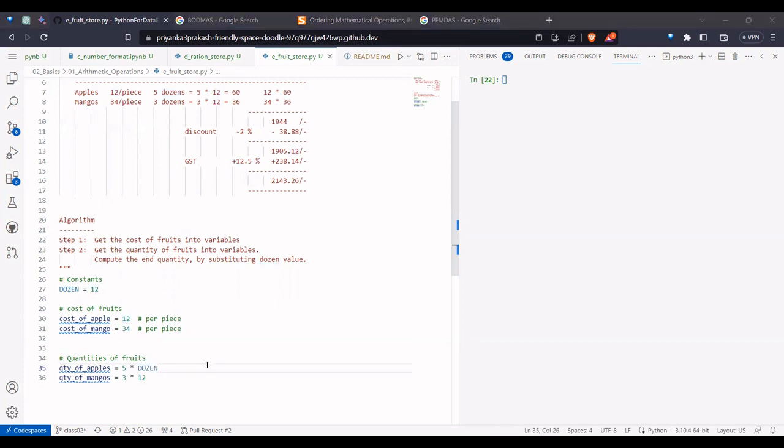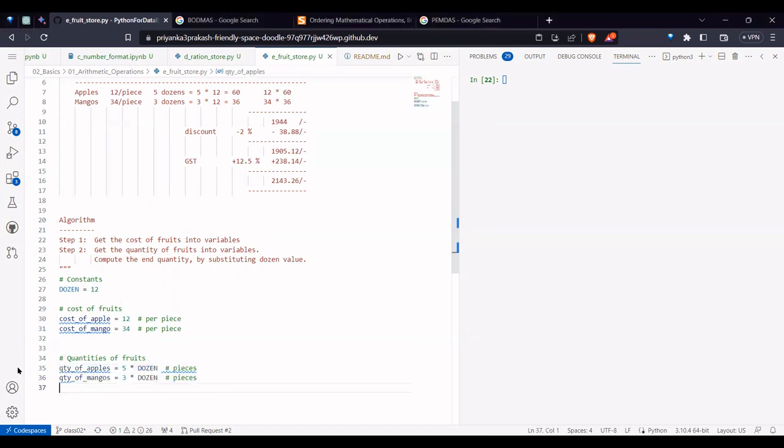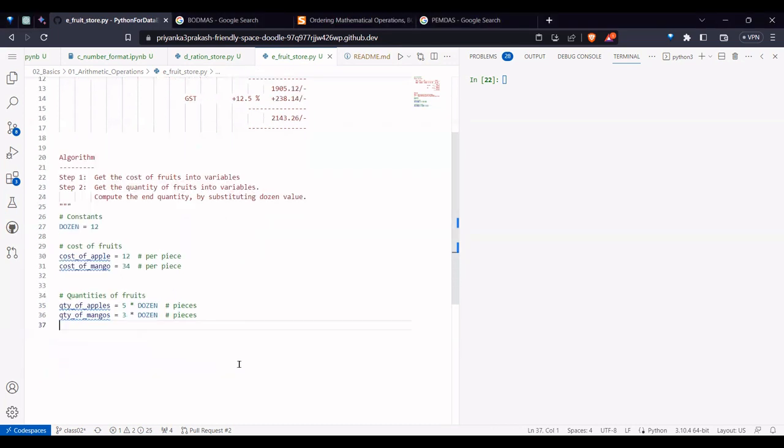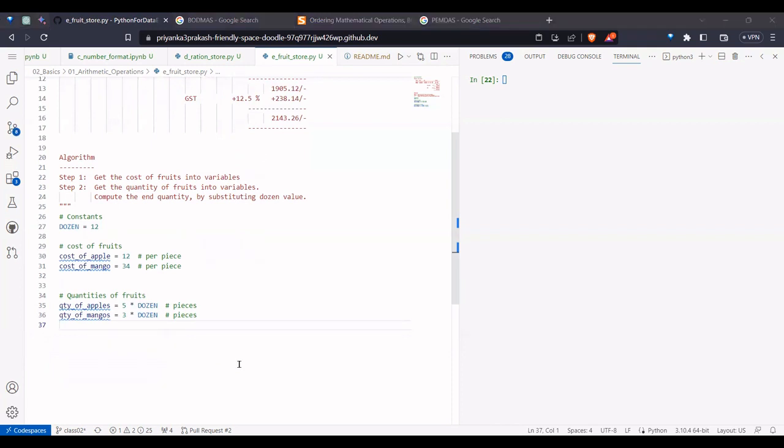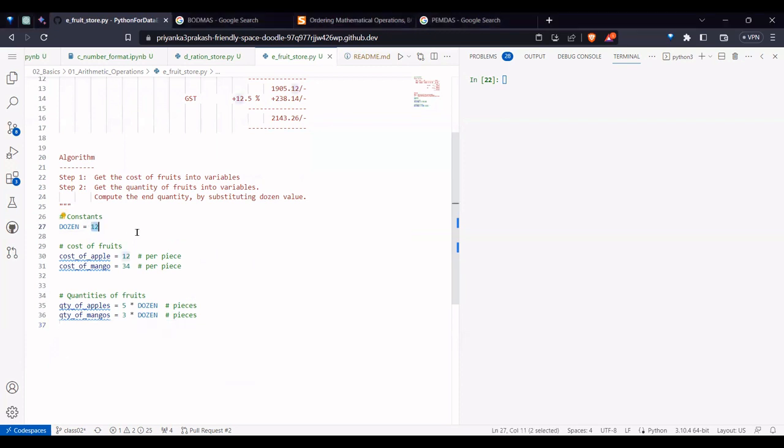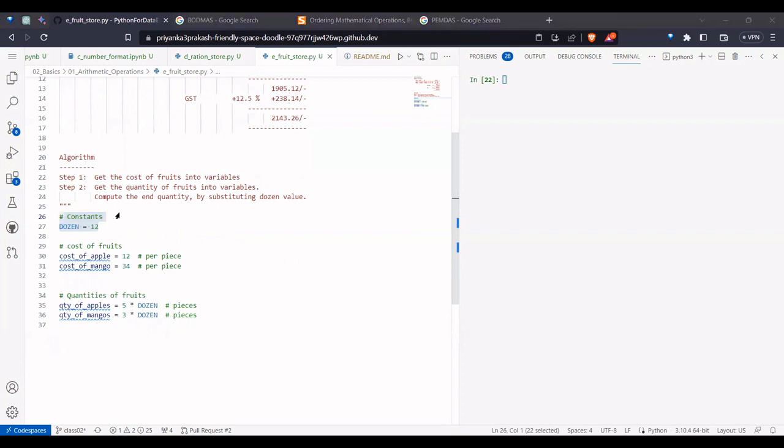So instead of writing it like that, I can replace it with this. Now you see the cost of apples and cost of quantities. Tomorrow, if dozen changes, you can just change the value instead of going through the entire code. If you have more such constants, generally there is something called a configuration file, which I will explain down the line. For one or two constants, you write them in the file itself.